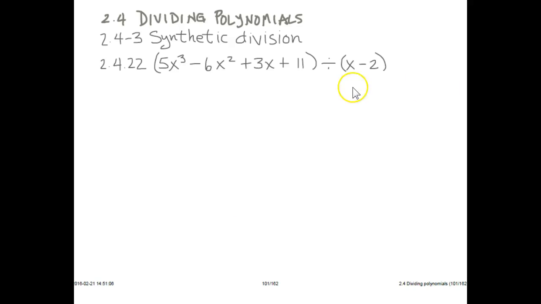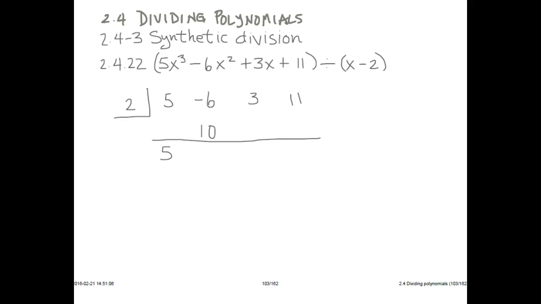Another example. Notice a linear factor here, leading coefficient of 1. So, this is what I write down in the first place, and I think you should probably stop the tape here and try it yourself. I'll narrate anyway. 2 times 5 gives me 10.